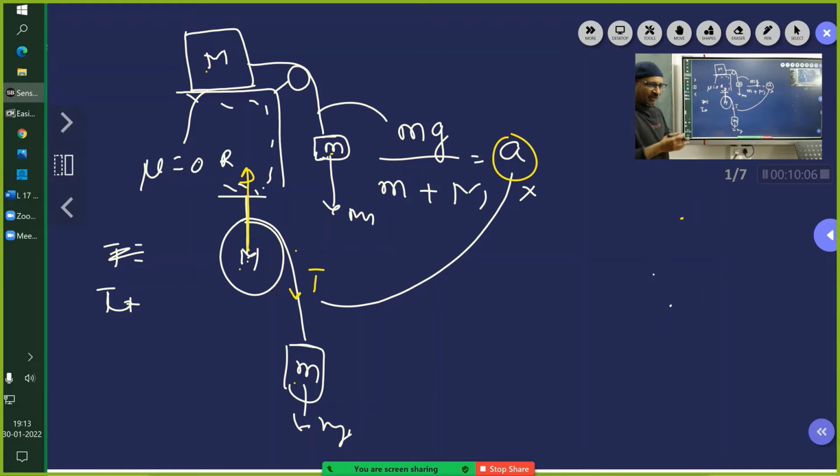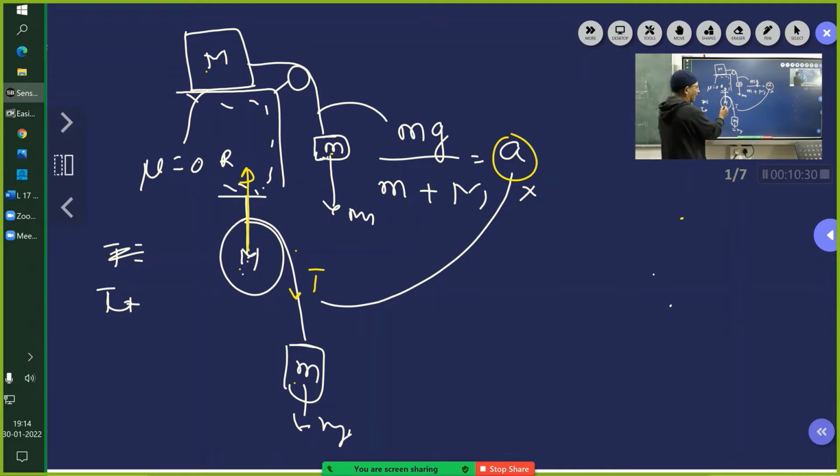So in that case it was a common acceleration, like both masses produce the same acceleration. Here we cannot do it. The inertias are different.